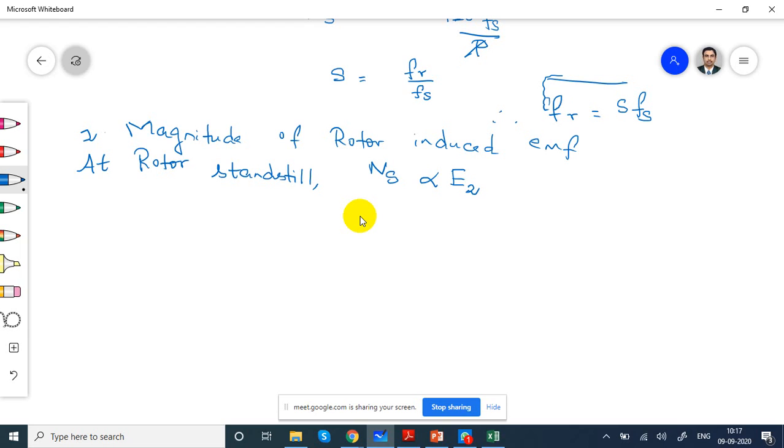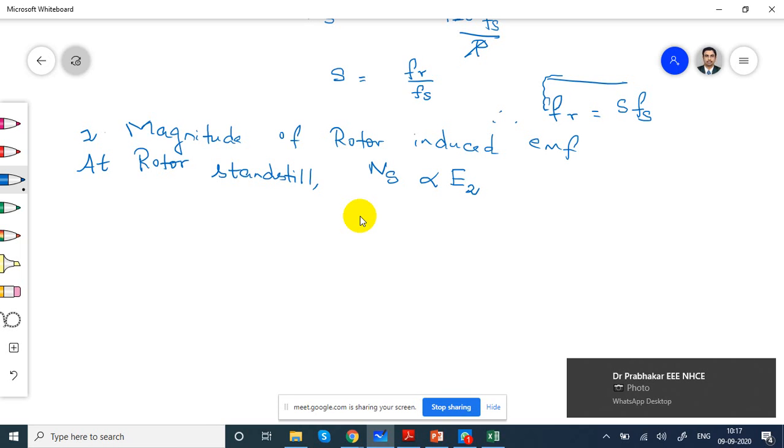The EMF notation is E and 2 stands for rotor.